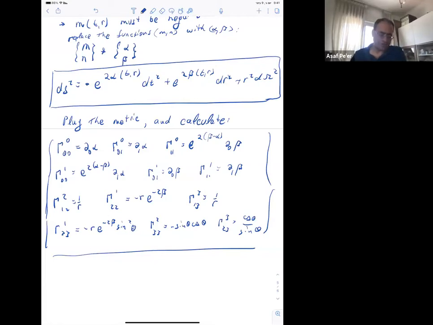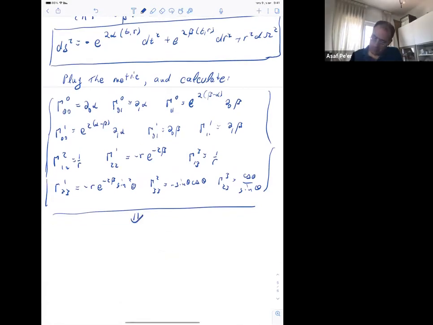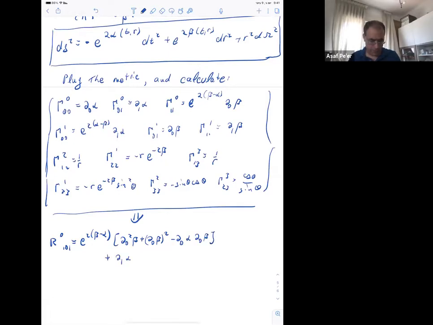The only non-vanishing terms of the Riemann, up to the symmetries that we learned, are: R0101 is e to the power 2 beta minus alpha times d0 squared beta plus d0 beta squared minus d0 alpha d0 beta plus d1 alpha d1 beta minus d1 alpha squared.